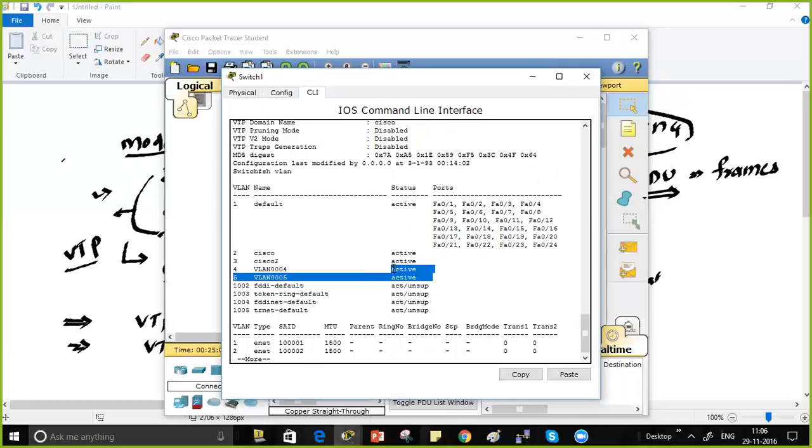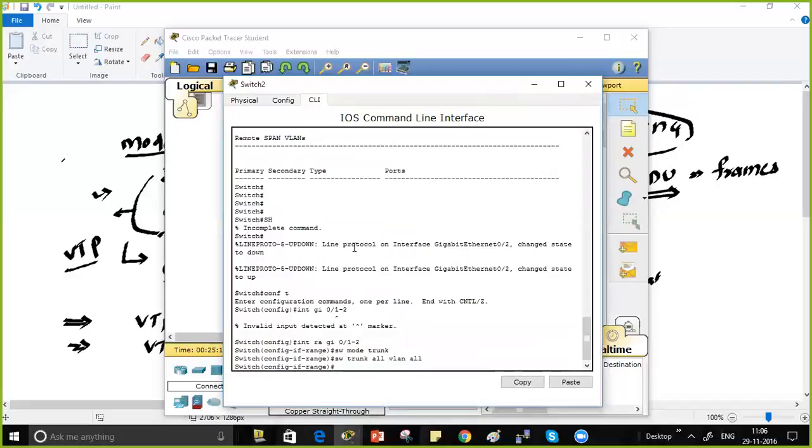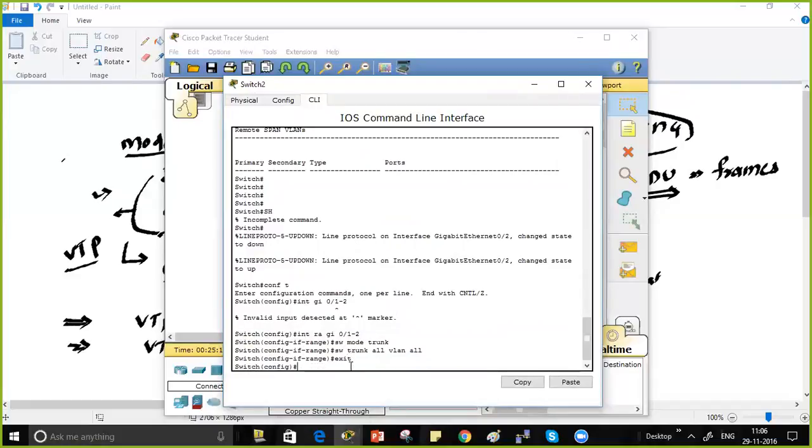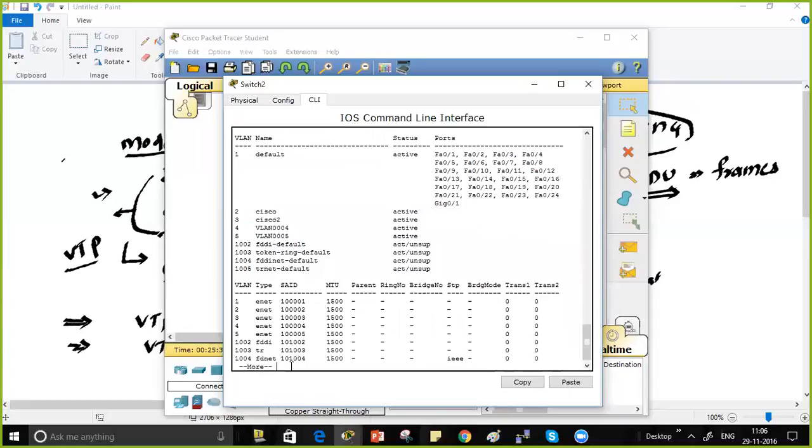Now VLANs 2, 3, 4, 5 are configured. I did not change anything here, right? If you want to check in configuration mode, how will you check? Do show VLAN. Now here also it is reflected, right?